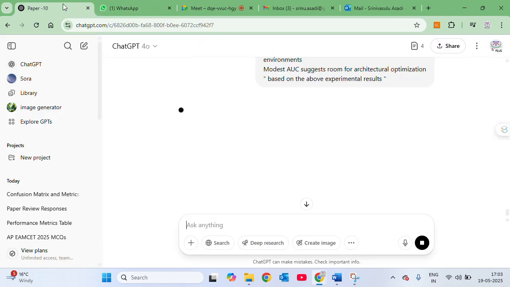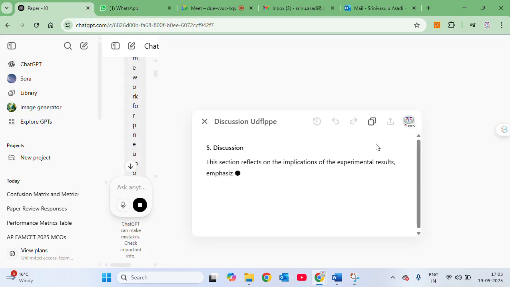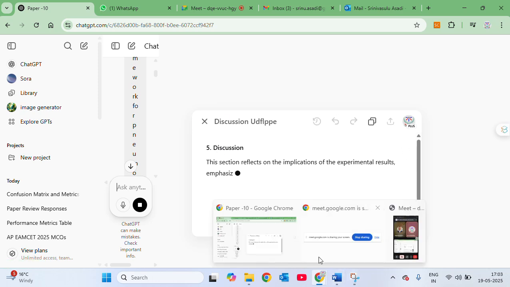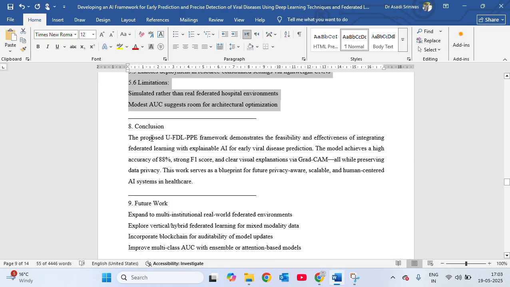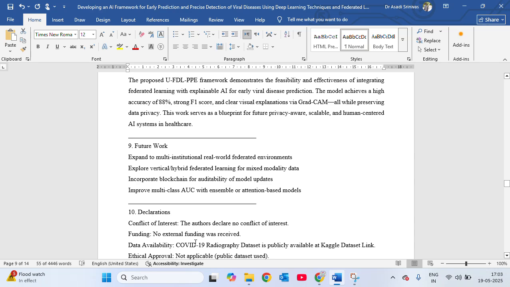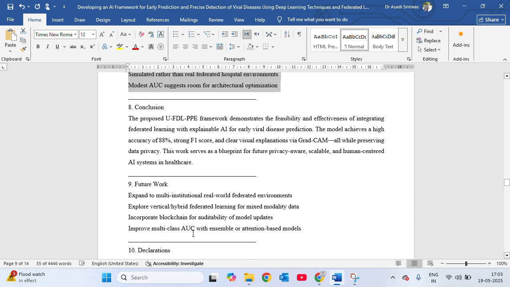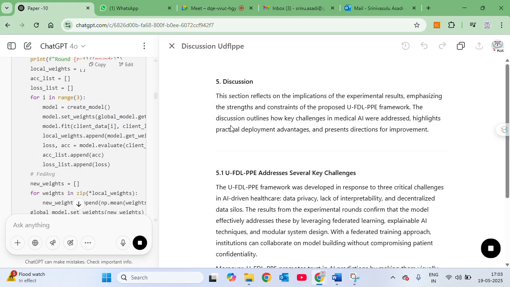Now see, now it is generating the discussion. So this is the last side heading, the conclusion and future work. The declaration is there. Okay, one second. Now discussion. We got the discussion.